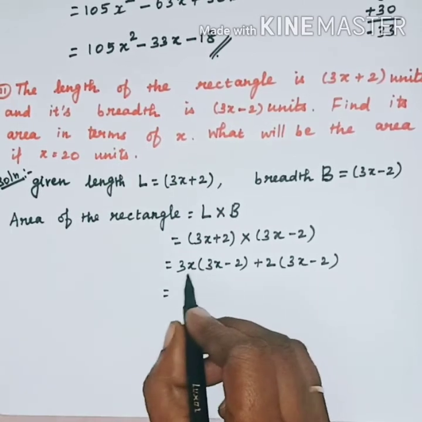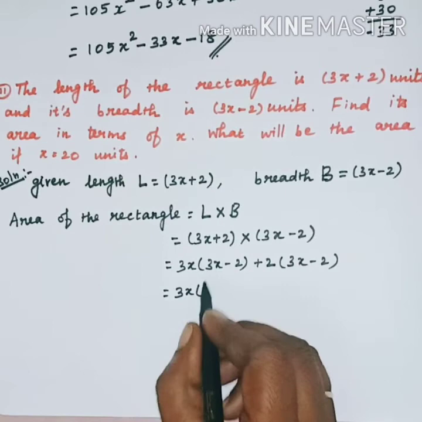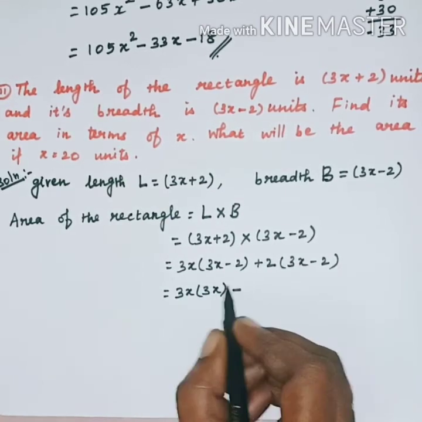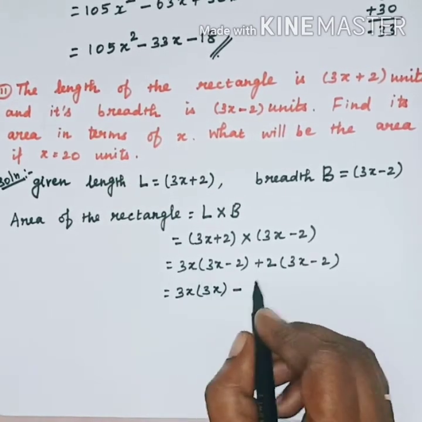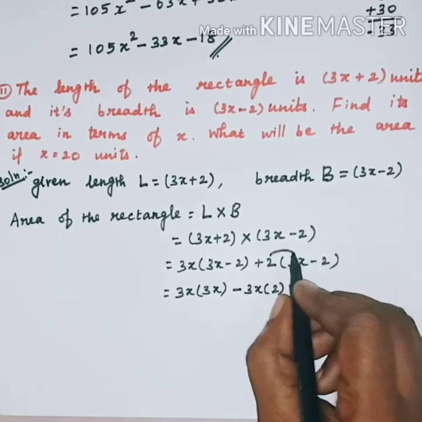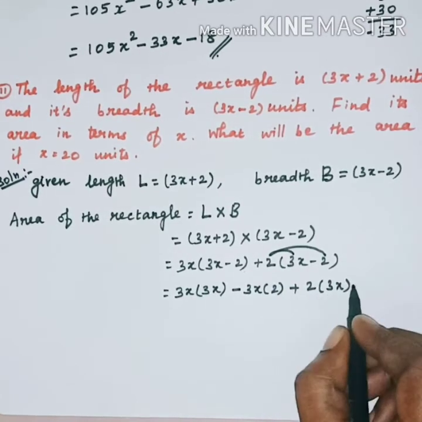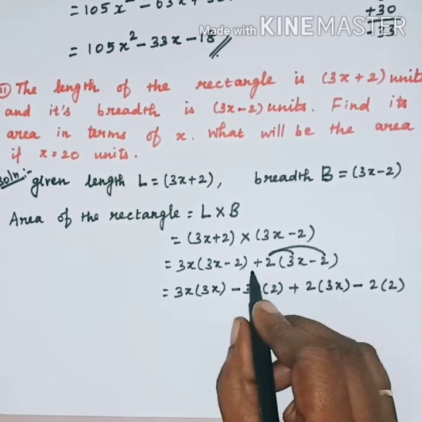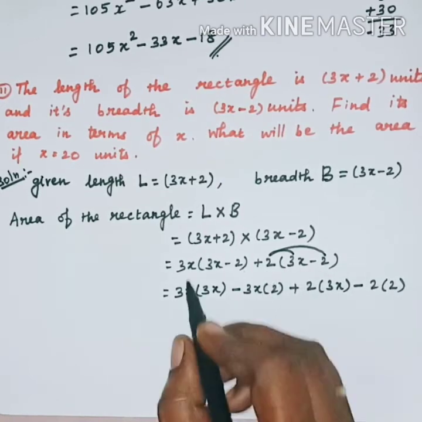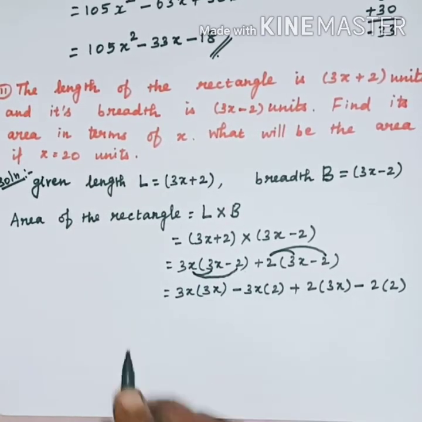Now we multiply 3x inside the bracket. 3x into 3x minus 3x into 2. And then 2 into 3x and 2 into 2. 2 into 3x minus 2 into 2. Plus into minus, minus 2 into 2.